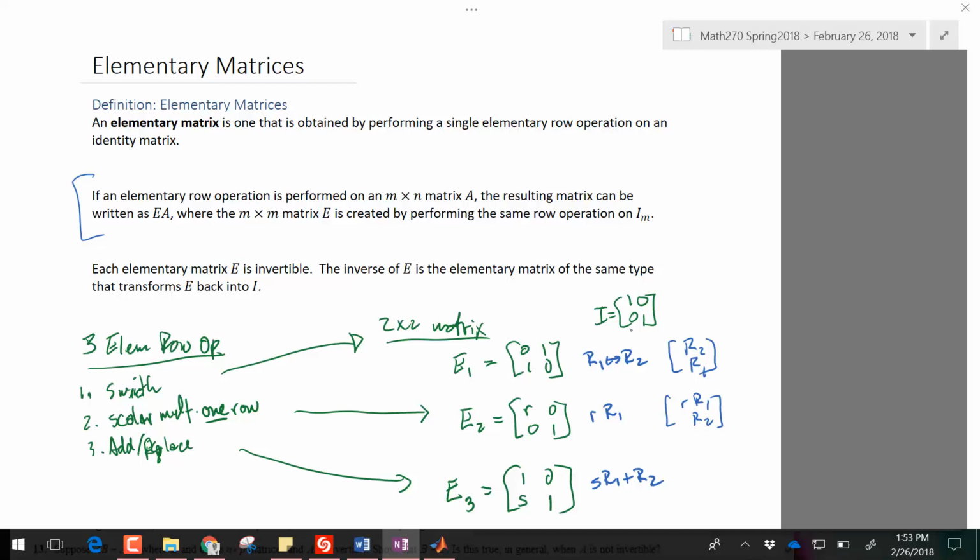So how would you get back to the identity? Do you understand my question? How would you get back to the identity if I took the identity and I switched row 1 and row 2? What do I need to do to go back to the identity? Do it again. Switch row 1 and row 2 again, right? So this is saying that the inverse of E1 should be itself.